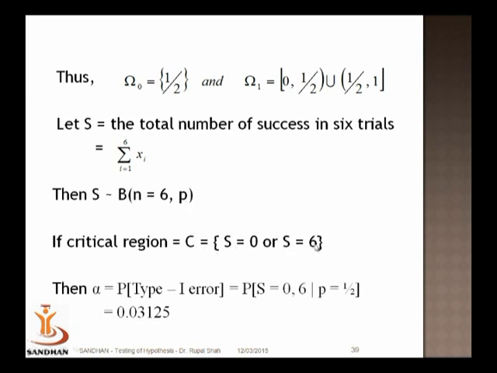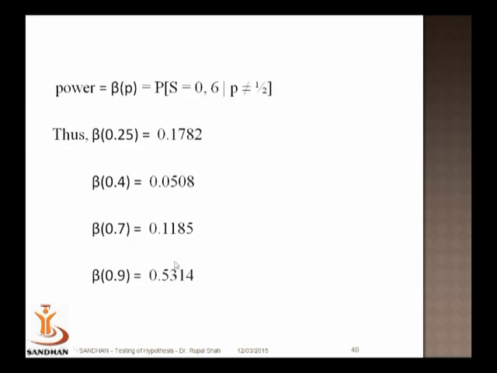Suppose the critical region is S is 0 or S is 6, which means if we get all successes or all failures, we are going to reject the null hypothesis that p is half. If I want to compute the probability of type 1 error, it is rejecting the null, when S is 0 or 6, when H0 is true, under H0, p is half. So this is your probability of type 1 error, alpha, 0.03125.